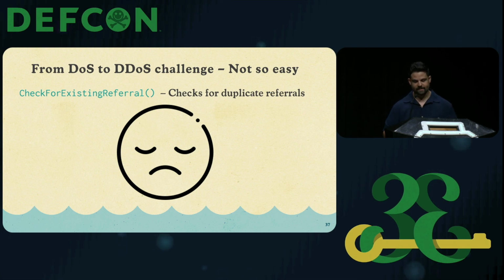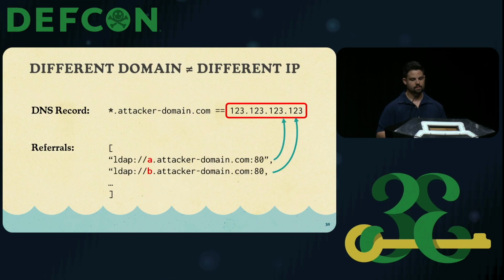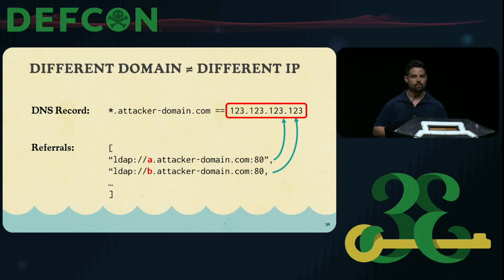So does that mean that we cannot implement our idea since we cannot provide two of the same LDAP referral URLs? Well, no, that's not true. We found out that even though the LDAP client validates that there are no duplicate referrals, it does that only for the URLs themselves, and the client does not verify that the URLs are not resolved to the same IP.